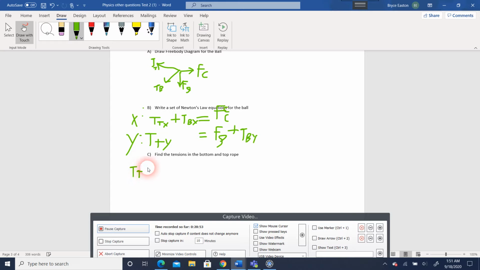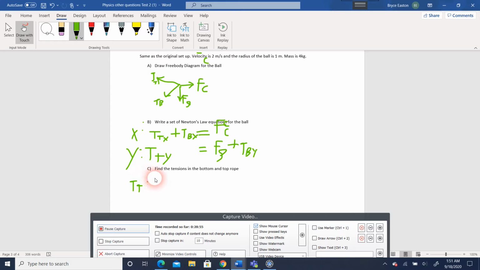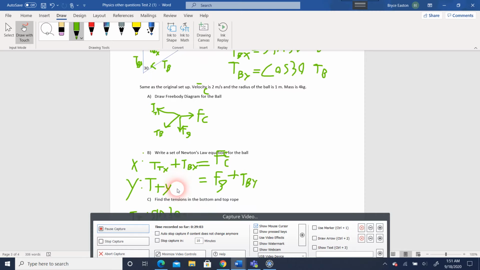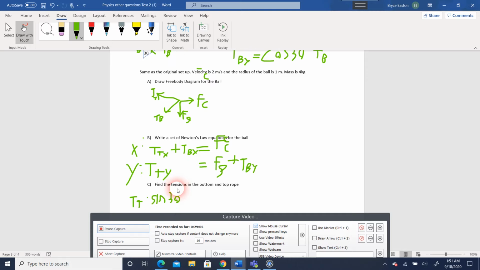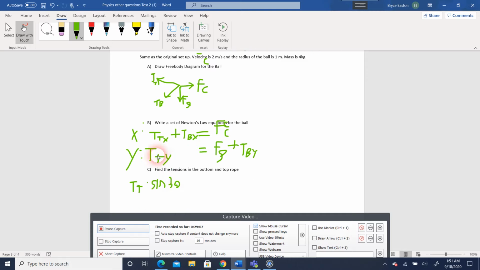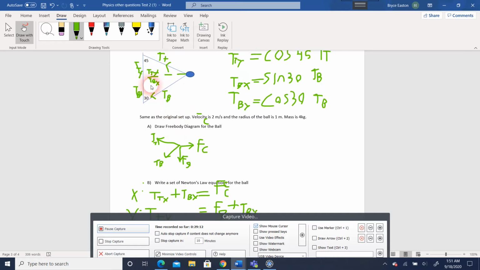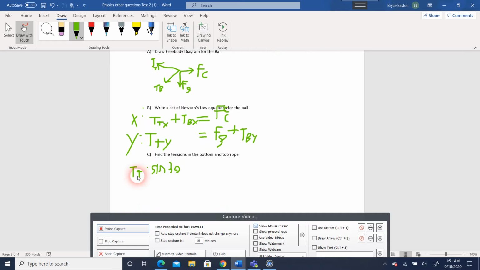T top times sine 30, that was the bottom x.